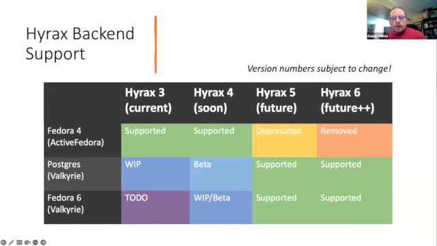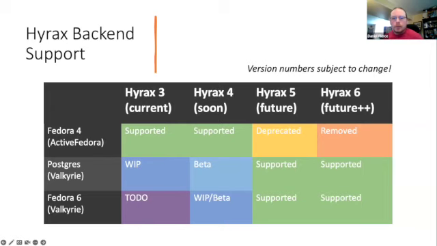So one question I've gotten quite a few times is, what is happening with Fedora support, essentially? I'm hoping that this chart gives a general idea of the big picture, which is that currently ActiveFedora and Fedora 4 is what's supported in Hyrax 3.